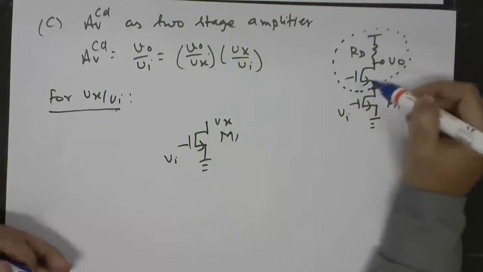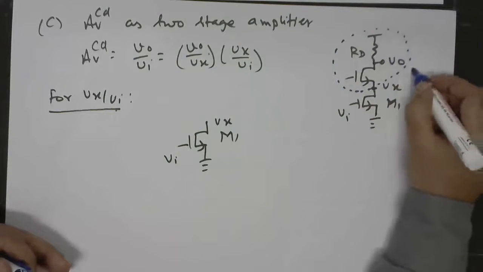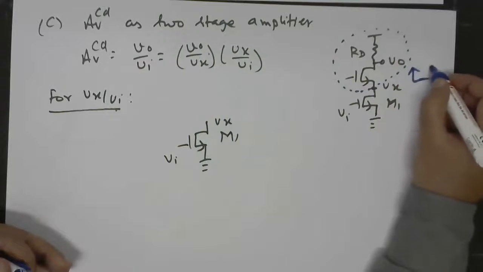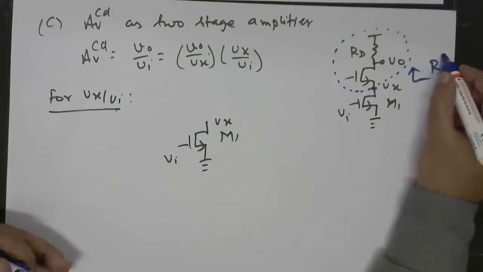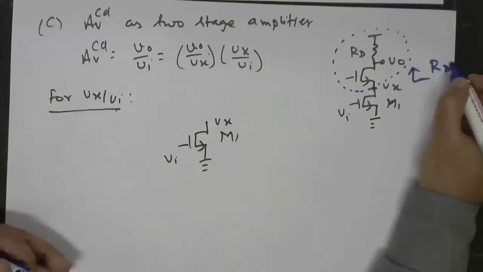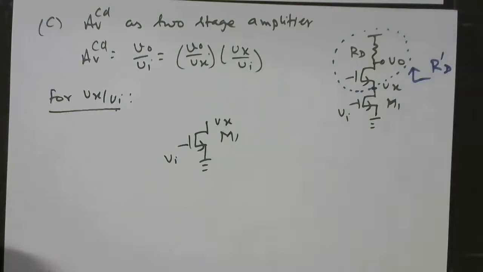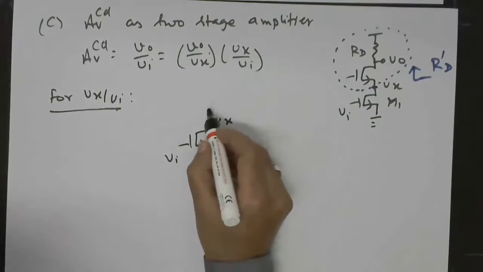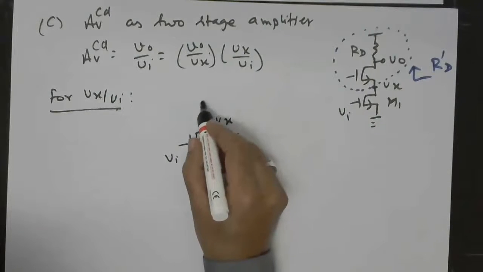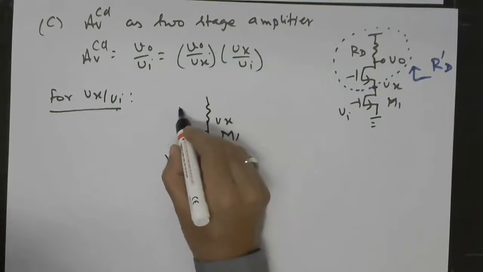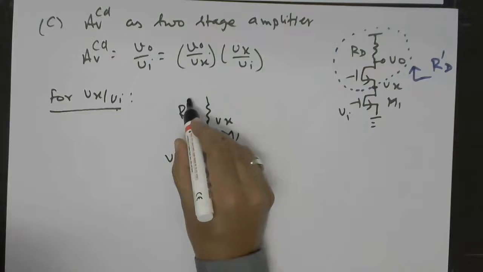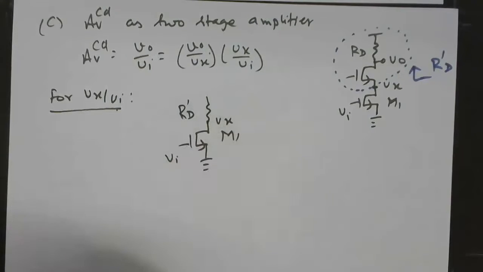So there is no time varying external source. So the Thevenin model is going to be simply a resistor, say RD dash. So what we will now have is resistor RD dash.